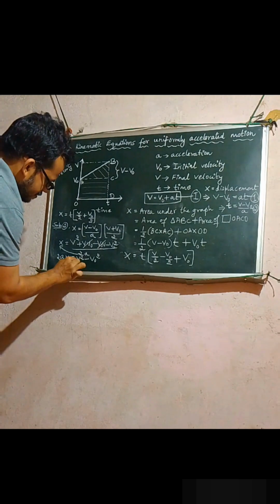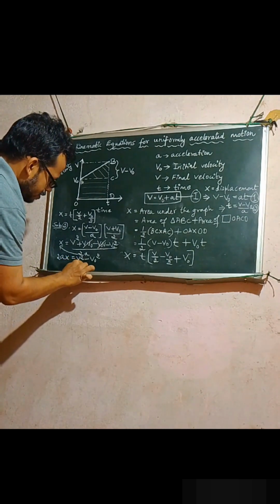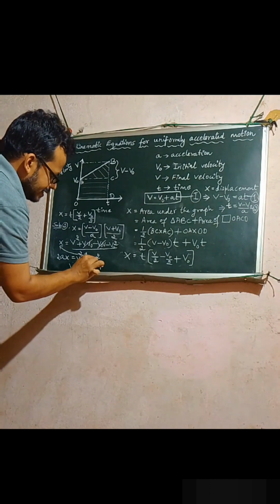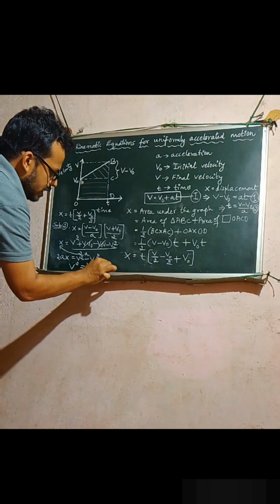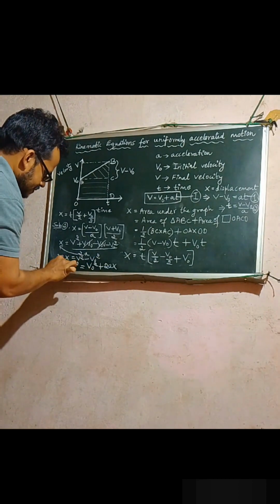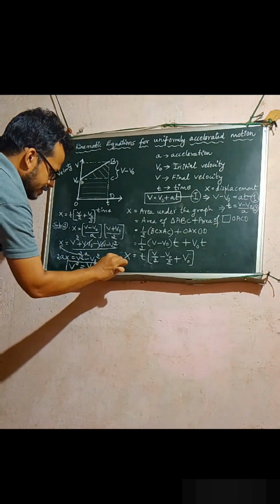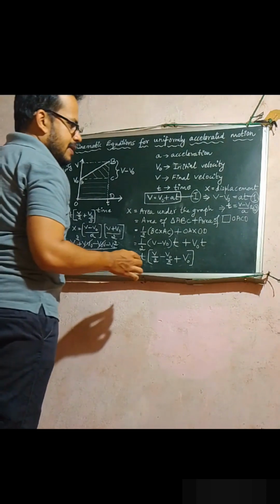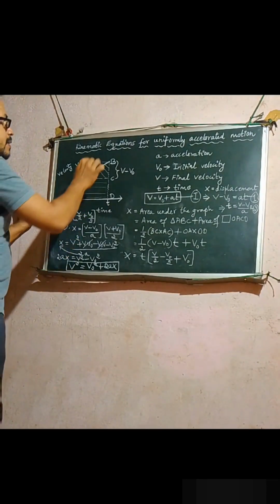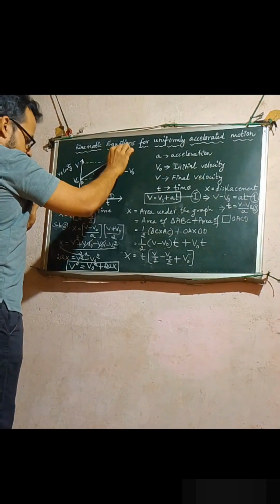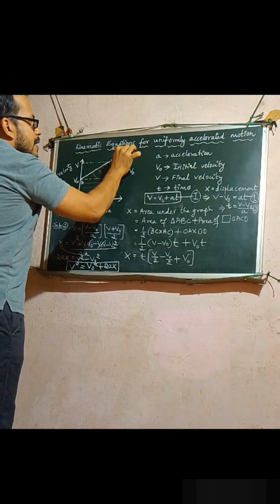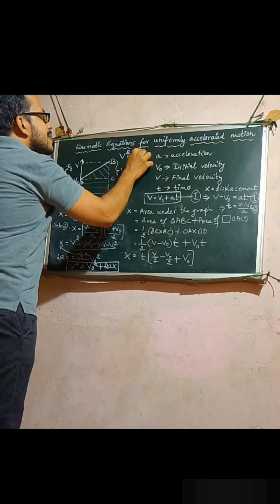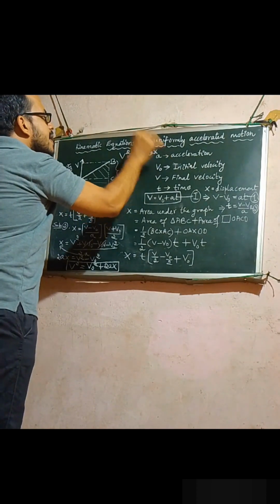Okay, so I'll rearrange it and write the equation for v square: v square equal to v naught square plus 2ax. So this is what I get as the final equation. If it is not visible, I'll write that final equation here: v square equal to v naught square plus 2ax.